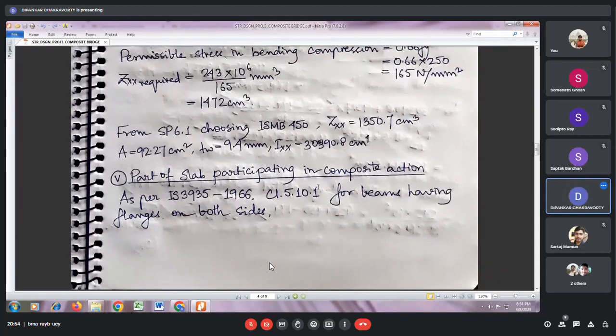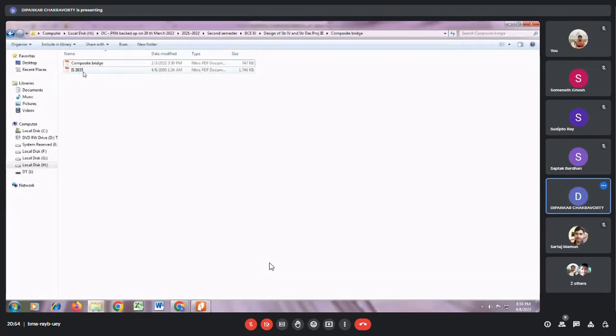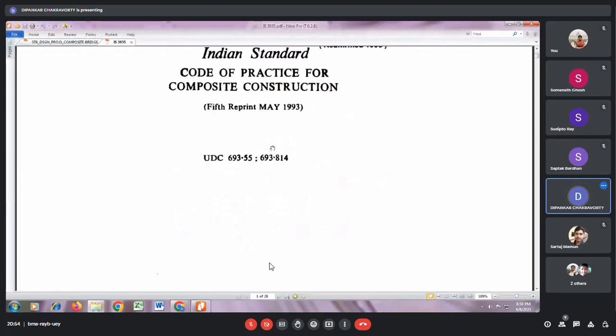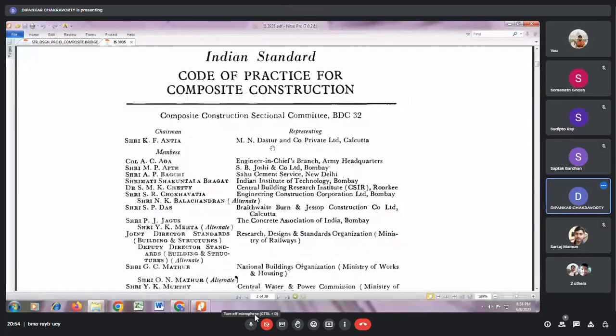Now see, if you go to IS 3935, is this code visible? Okay, it is visible.